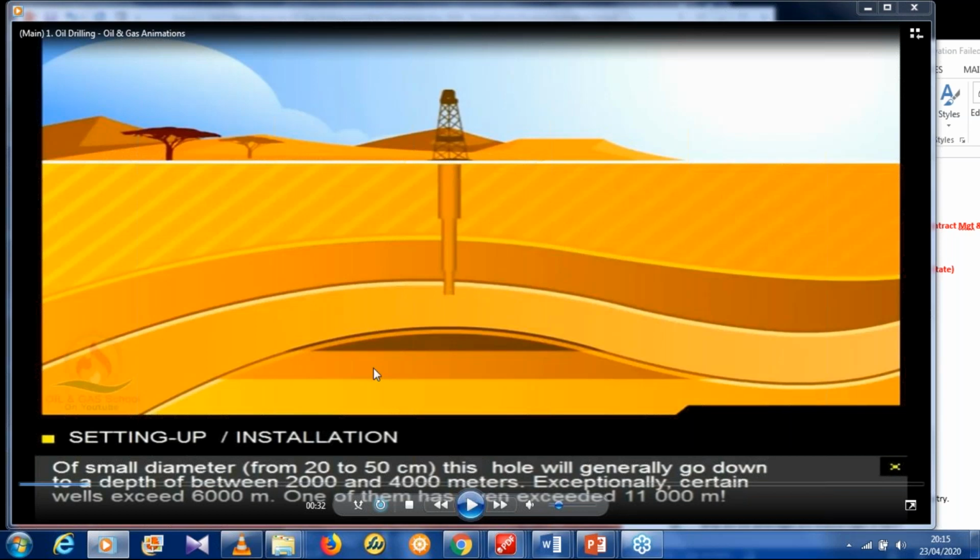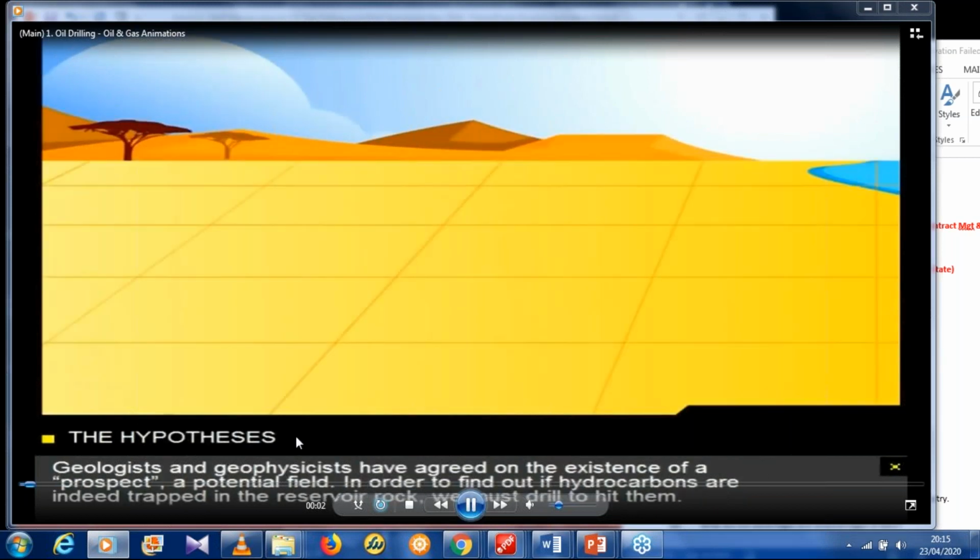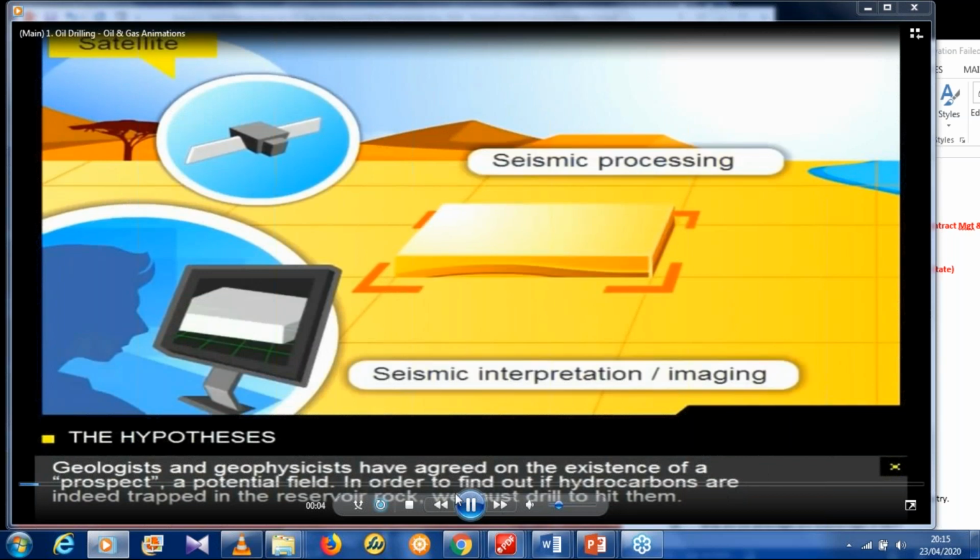All right. Now, typically, this is what happens at the beginning stage of the drilling process. Usually, we have the oil deposits in a particular point, and then we have seismic processes and surveys carried out on the potential field.